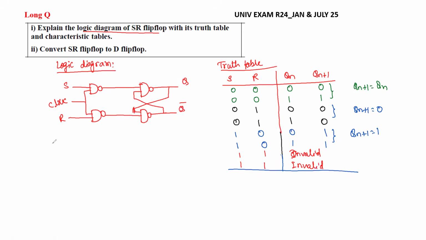Next we have what they're asking: characteristics tables. In the characteristics table, we are going to write the S and R values on the basis of Qn and Qn plus 1.